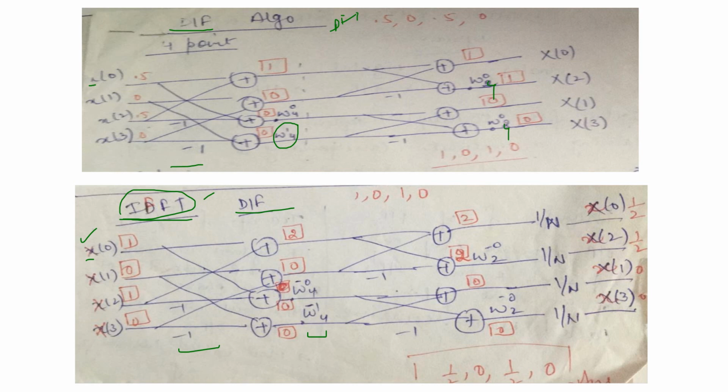Similarly here it is W40 and W40, because we are performing 4-point DFT. W04 or W minus 04 remain the same, meaning it is 1. In case of the twiddle factor, you only have to change the sign of the imaginary part. 1 is the real part, so it is the same.